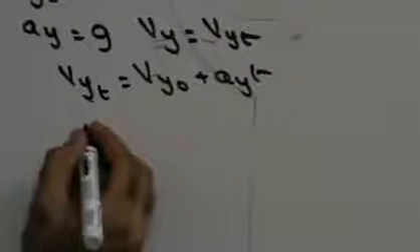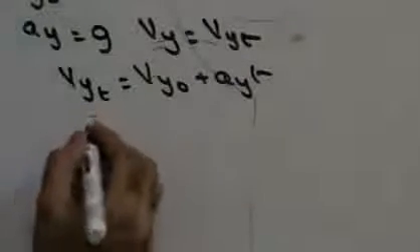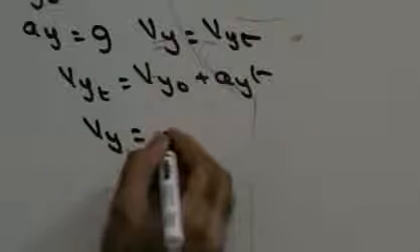I can write this equation in projectile form as Vyt is equal to Vy0 plus Ay t. Final velocity is equal to initial velocity plus acceleration into time. Substituting the values, Vyt is gt.